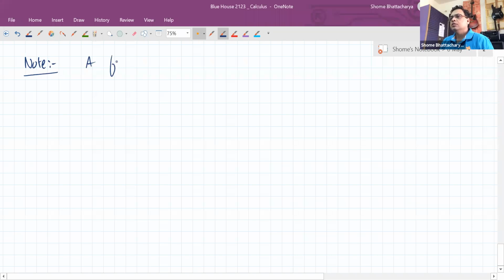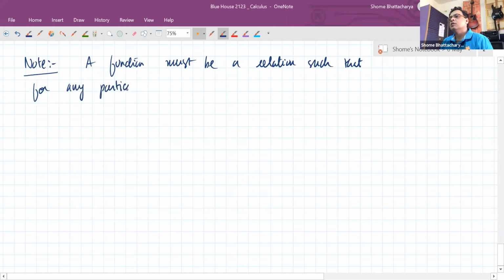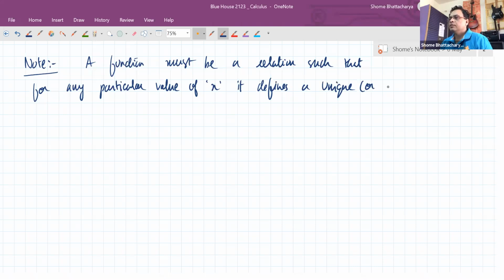A function must be a relation such that for any particular value of x, it defines a unique or a single value of y.